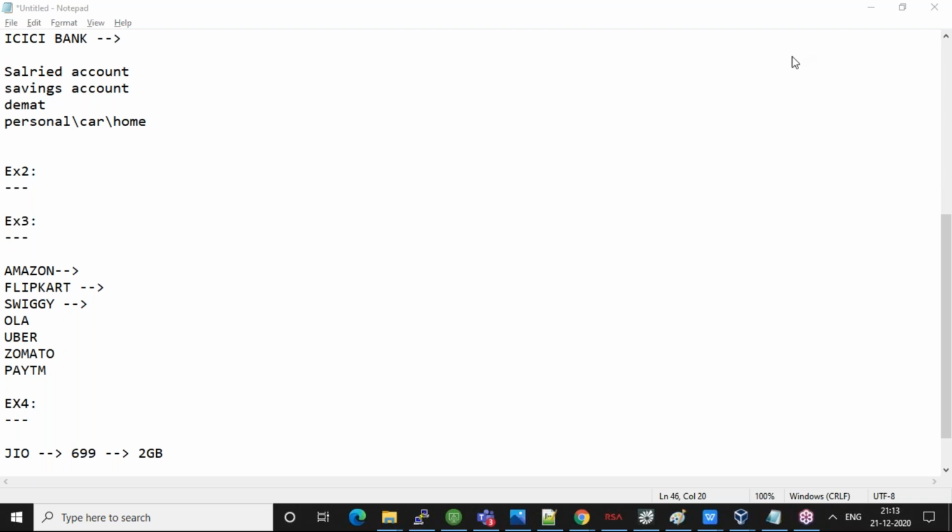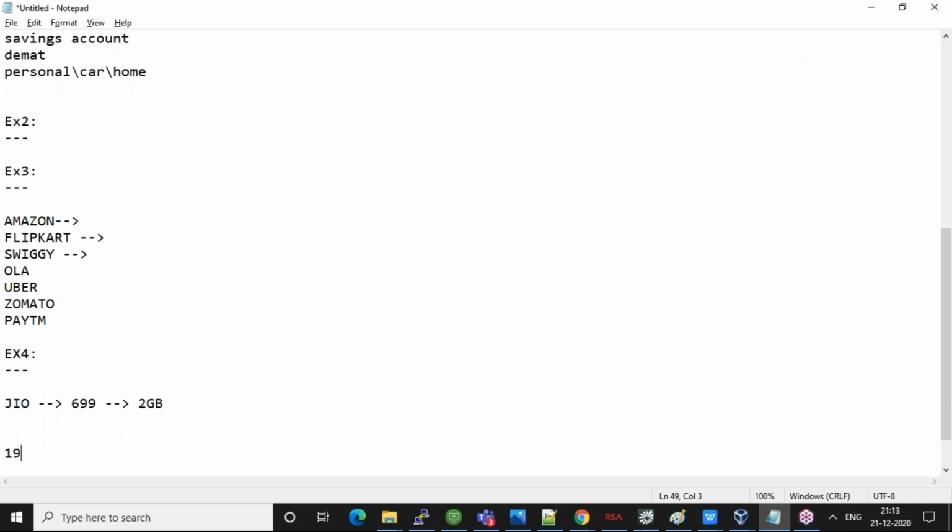So now I will give a few more examples, guys. After the 1970s, the data is very small. It is in the form of KBs. What is the full form of KBs? It's kilobytes.